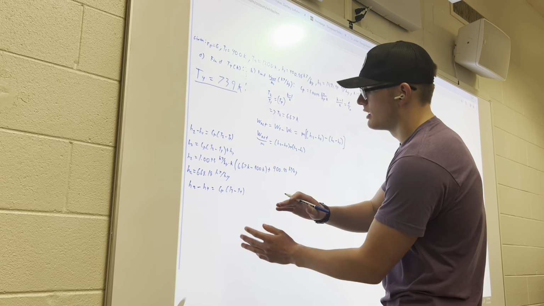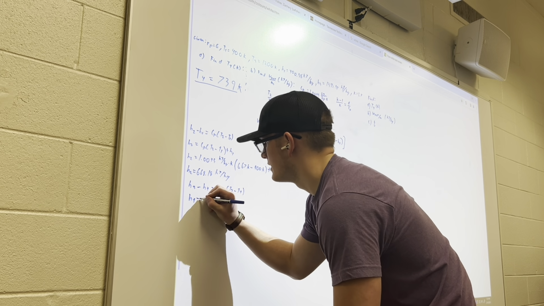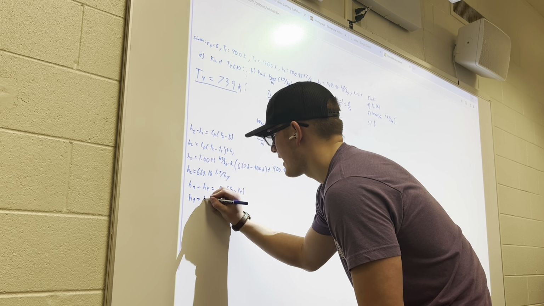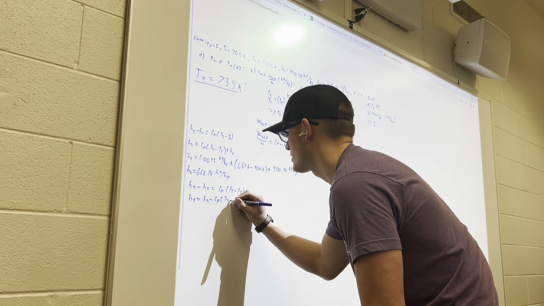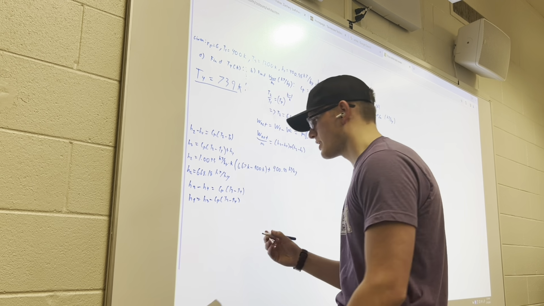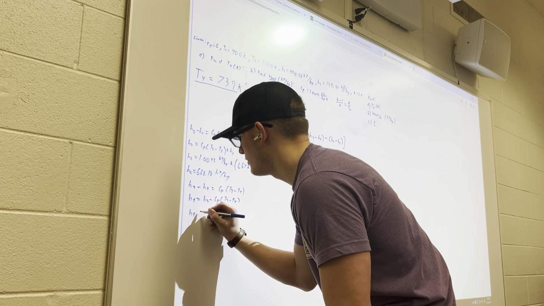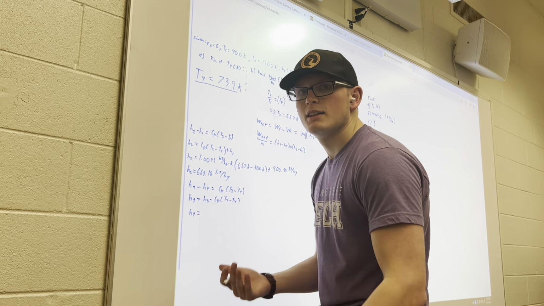So now we just need to solve this equation for H4. So that's going to be H4 is equal to H3 minus CP times (T3 minus T4). I'm not going to plug in all those numbers. That's a waste of your time. And you're more than welcome to run those numbers yourself. I'm just lazy.